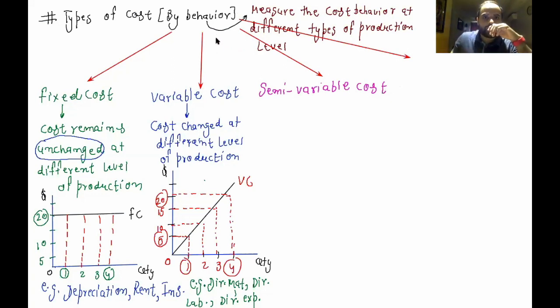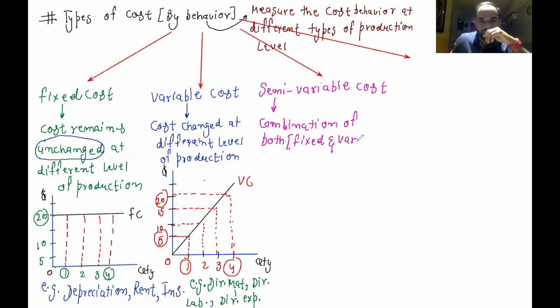So semi-variable cost is a combination of both fixed and variable.